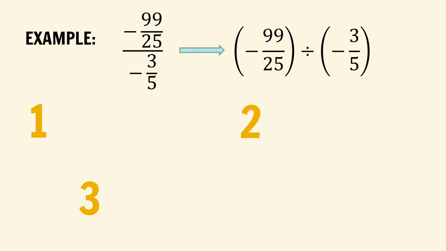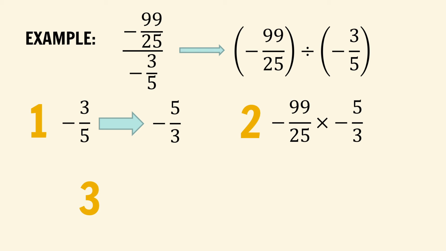So now we will proceed in steps in dividing the rational numbers. So first we get the reciprocal of the divisor, in which negative 3 over 5 becomes negative 5 over 3. Next step, multiply negative 99 over 25 times negative 5 over 3.